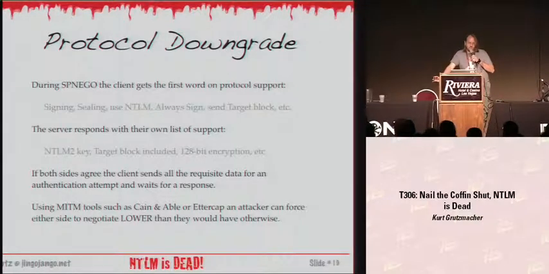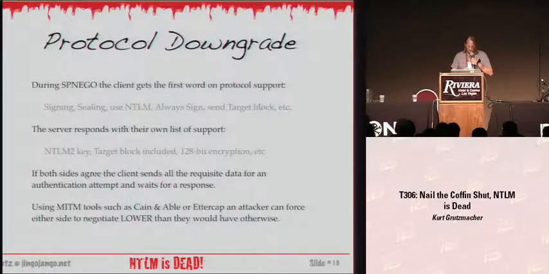Well, if you can get in the middle of that and you can say to either side, no, do LAN Manager in clear text, and if either side allows that, then they will not use the nonces. They'll do the authentication in clear text or in the hashes themselves without a security nonce. It's been around for a while. Most Windows machines now will not answer those kinds of things.